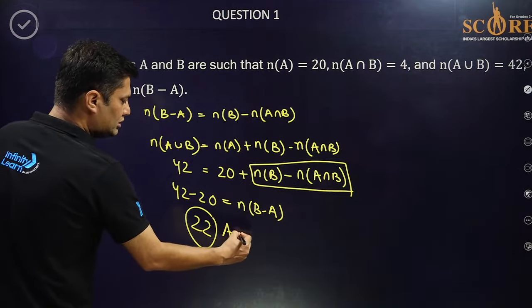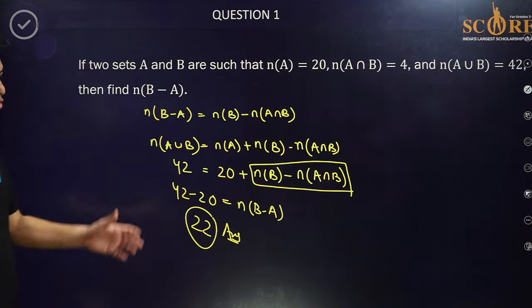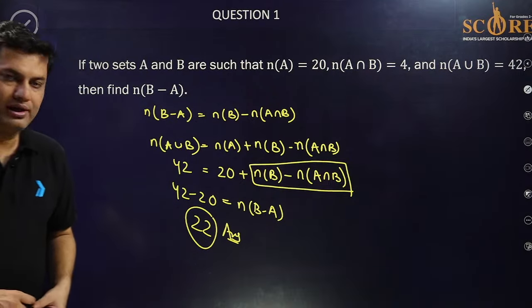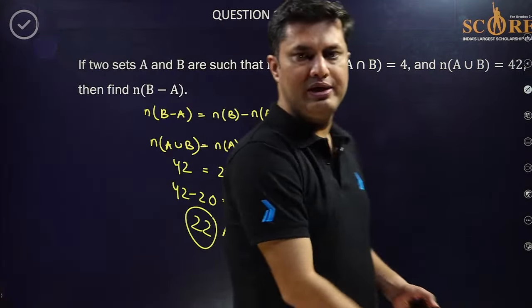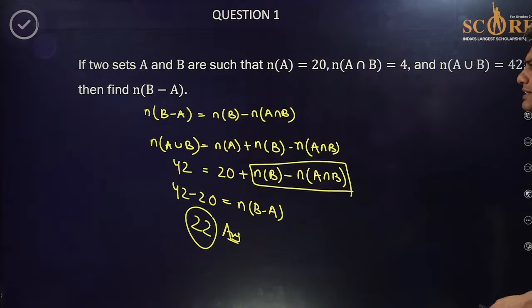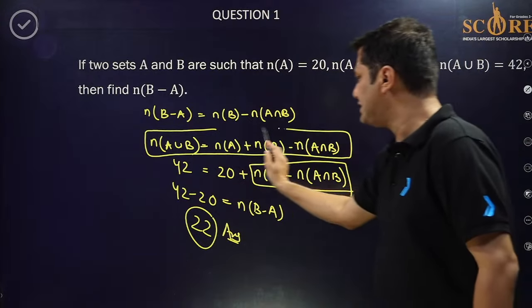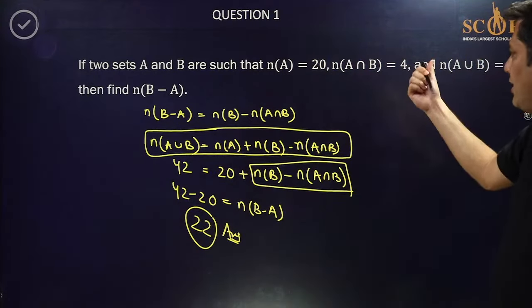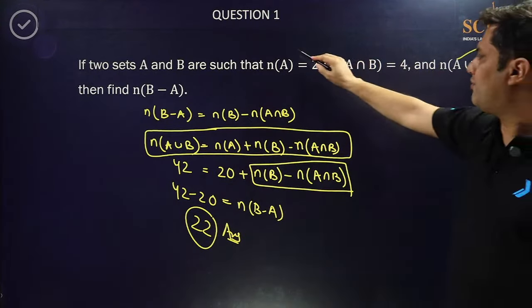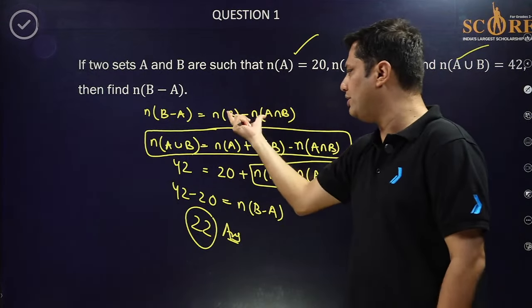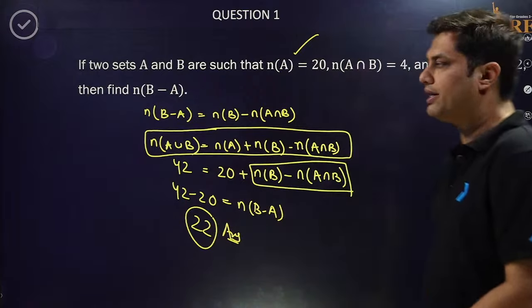These kind of questions will be occurring in your SCORE exam. This is the inclusion exclusion principle which is given in your NCERT also. So 22 is the right answer.